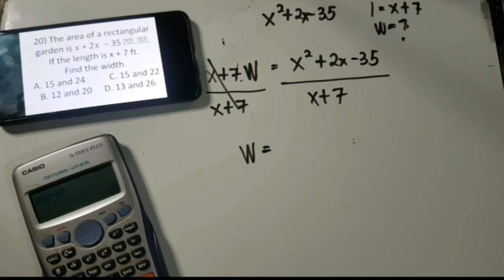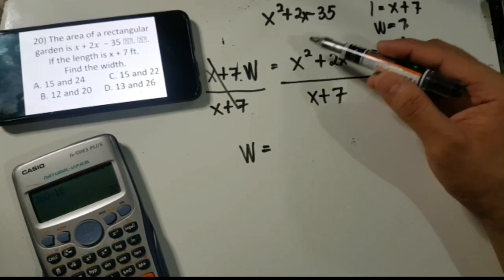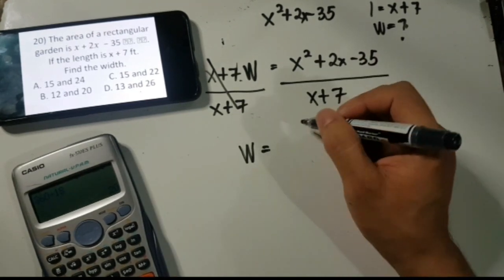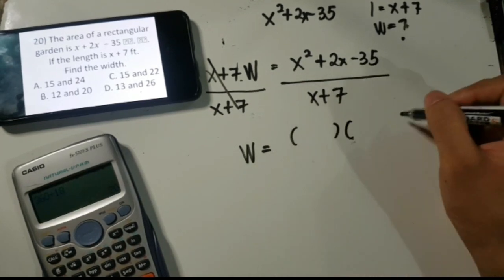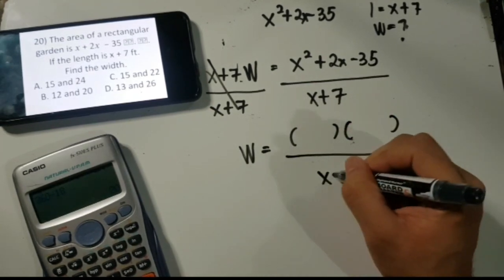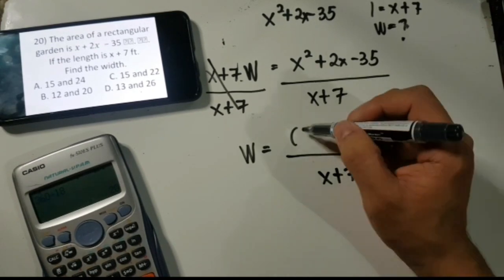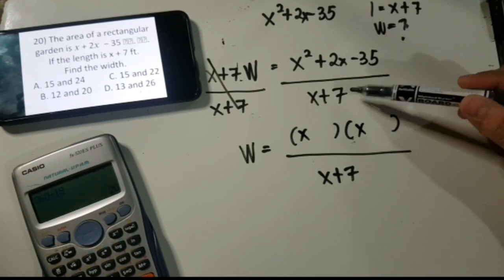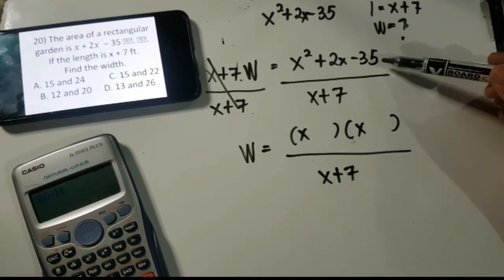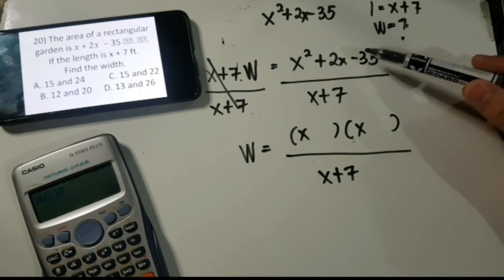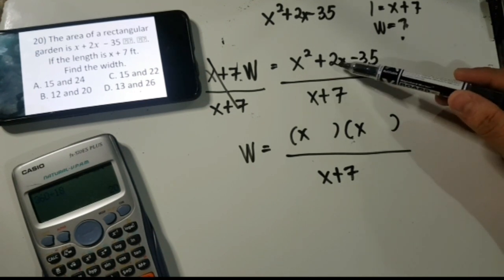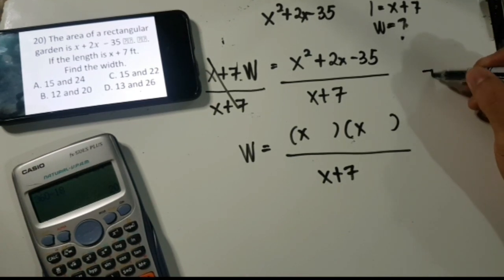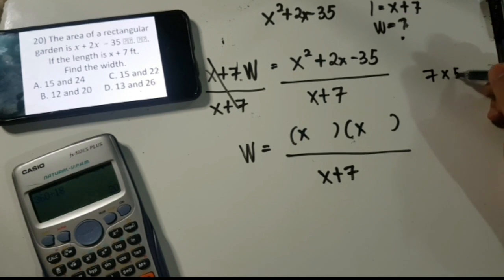So, paano po ito? Ipa-factor po natin si x squared plus 2x minus 35. So, x plus 7. So, pwedeng ito ay x na. So, isip kayo ng number na kapag minultiply kay 7, ang result is negative 35. Tapos, kapag inadd, it should be 2. So, pwedeng 7 times 5.